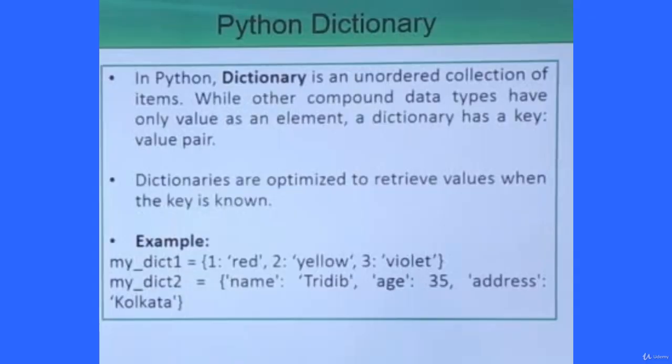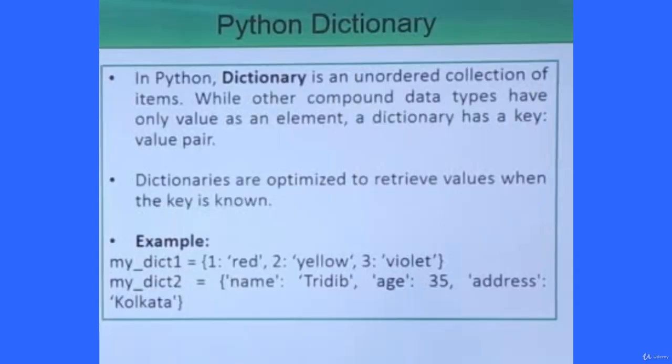Dictionaries are optimized to retrieve values when the key is known. So if we pass the key as argument, we can retrieve the respective value against the key which has been pre-stored in the dictionary object. Here we have considered myDict1, a variable containing 1:'read'.